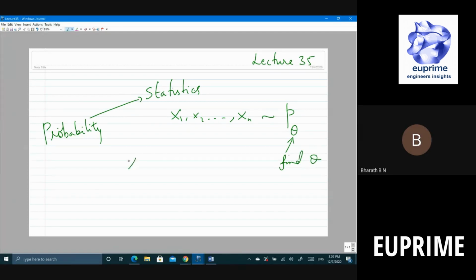Or you are given these samples, and they will either come from, let's say, P0, for example Gaussian with zero mean, or P1, Gaussian with mean mu. And you know both, you know the mean mu, so you know both P0 and P1. Now you are supposed to classify or detect; this is called the hypothesis testing problem.